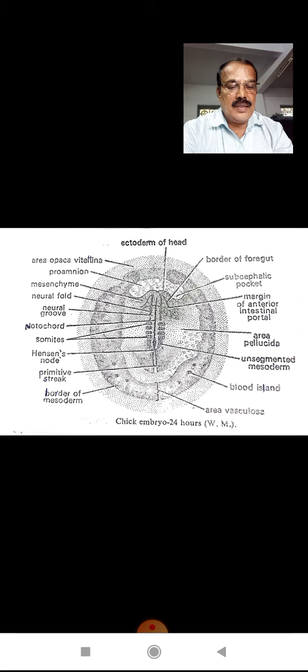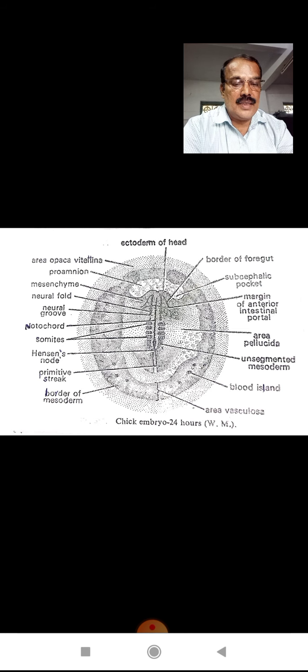Area opaca is again differentiated into an outer area vitellina and an inner area vasculosa. Area vasculosa contains blood islands.